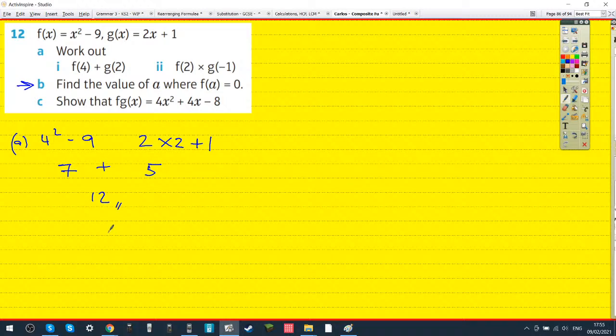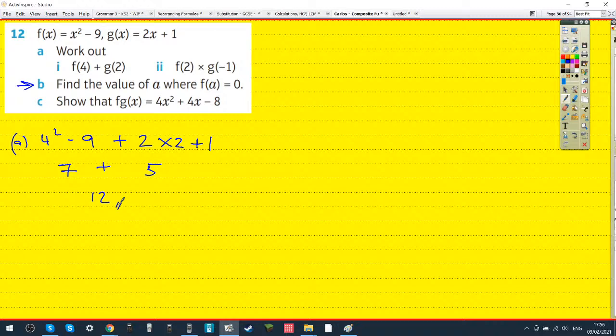Find the value of A where f of A equals 0. So would A be 9?